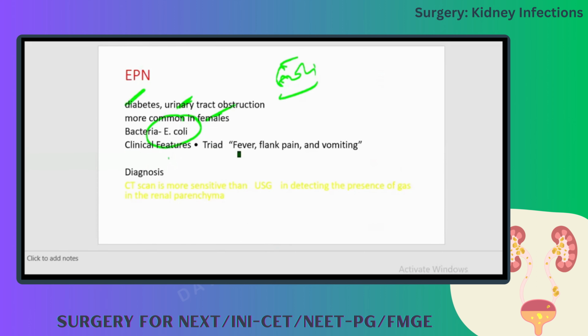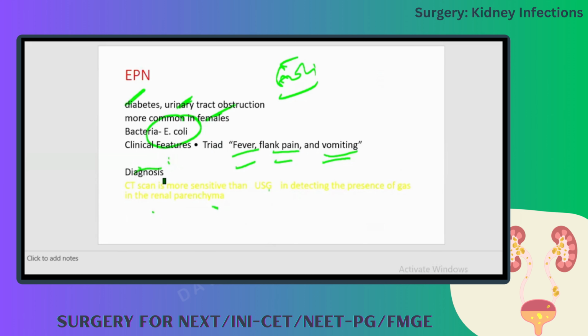The clinical triad of fever, flank pain, and vomiting will be there. For diagnosis, CT scan is more sensitive than USG in detecting the presence of gas in the renal parenchyma. Ultrasound is less sensitive; CT is more useful.